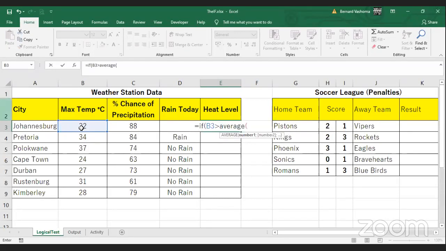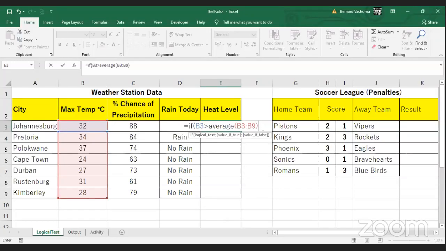Then we want the average of all the temperatures in the cities, close bracket. Now, do you see? The first part is the cell address. The second part is the operator. Then the third part, initially it was just a number. Now we are using a function.